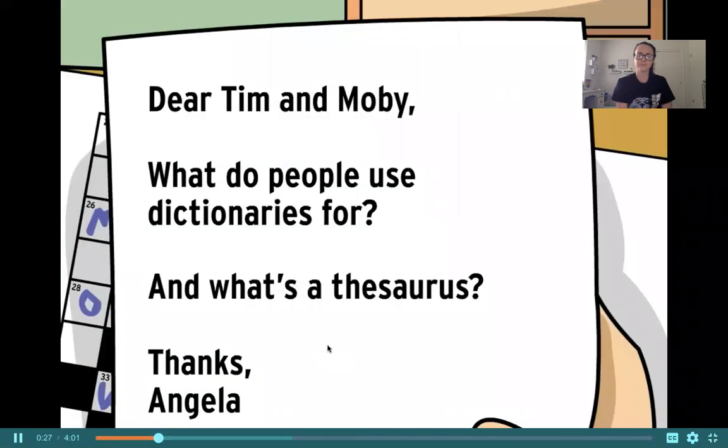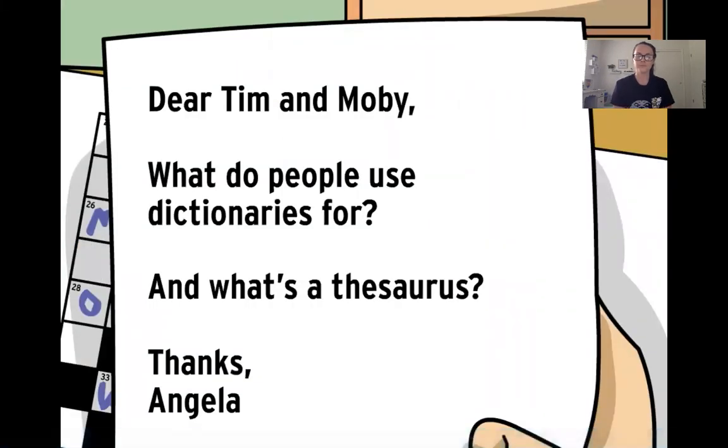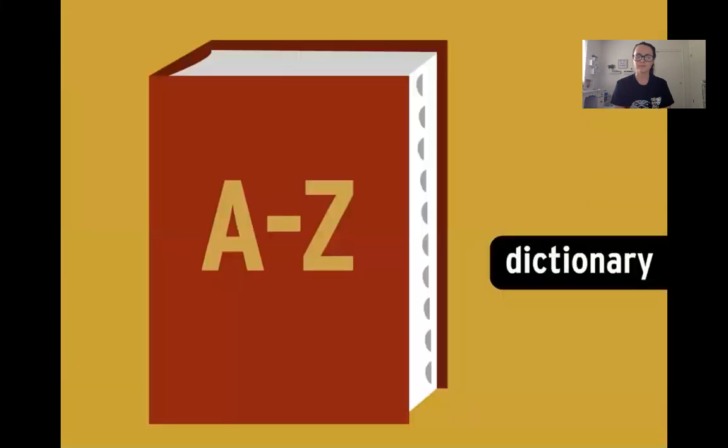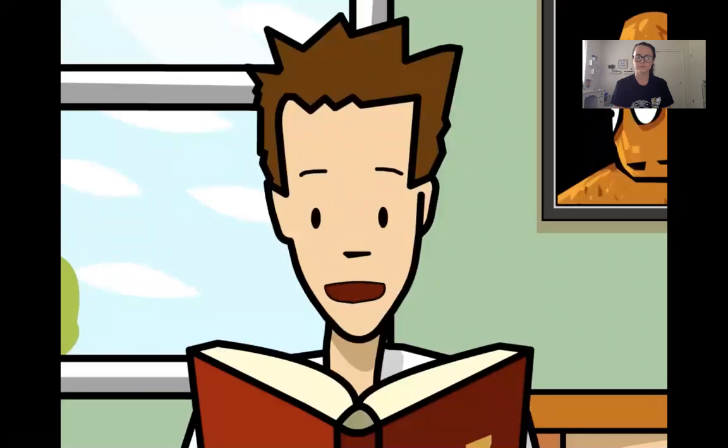Dear Tim and Moby, what do people use dictionaries for, and what's a thesaurus? Thanks, Angela. Hey, let's start with dictionaries. People use a dictionary for a lot of different reasons: to figure out the spelling of words, to find out where a word comes from, or to learn how a word is used. But usually you pull out a dictionary to figure out what a word means.